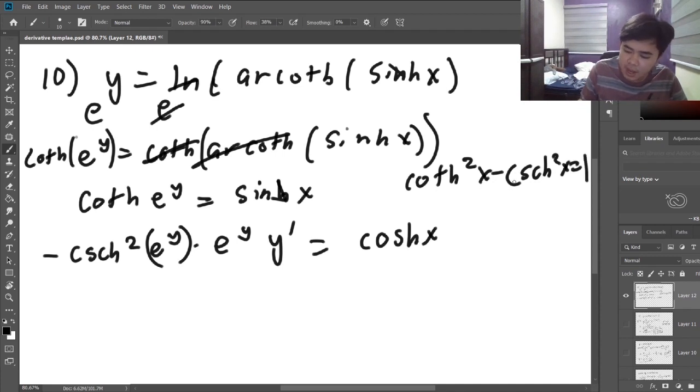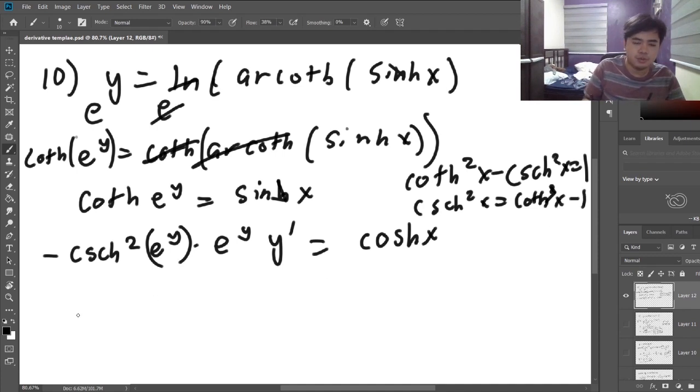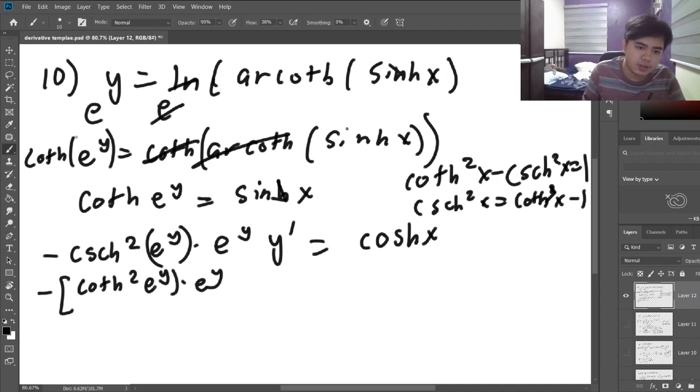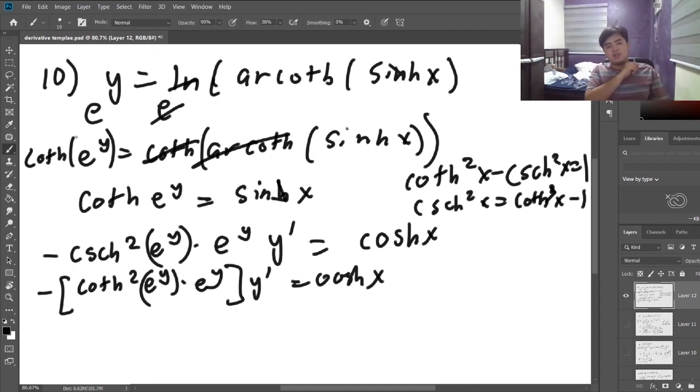We can isolate hyperbolic cosecant squared x to get hyperbolic cosecant squared x is equal to hyperbolic cotangent squared x minus 1. So we can use that. So we can put negative and then hyperbolic cotangent squared of e to the y, which is the input, multiplied by e to the y outside here, and then y prime is equal to cosh of x. So let's isolate y prime now.